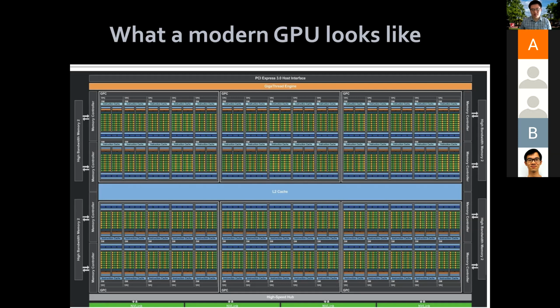Obviously the L1 cache has higher throughput than the L2 cache. It's similar to the CPU, right? But how much faster the L1 cache or shared memory is than the L2 cache or global memory, we will give you some idea.